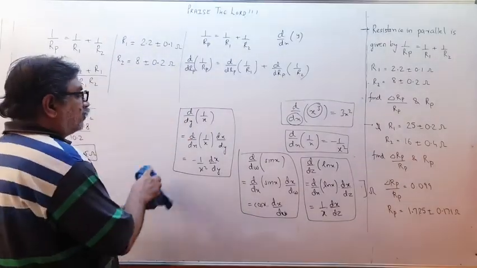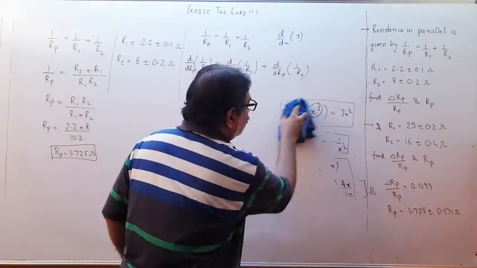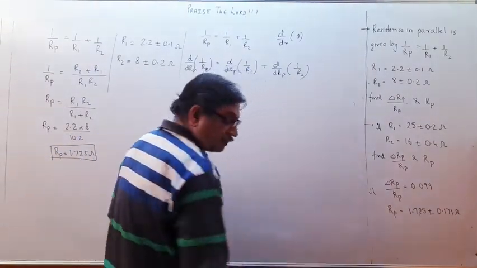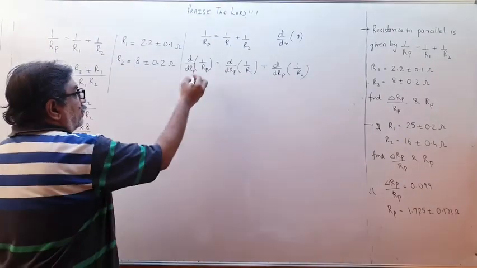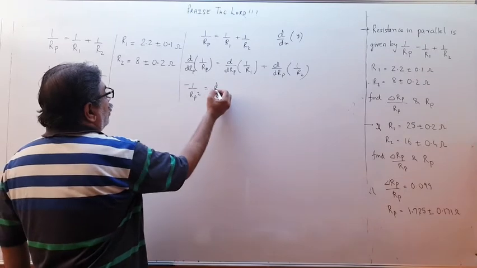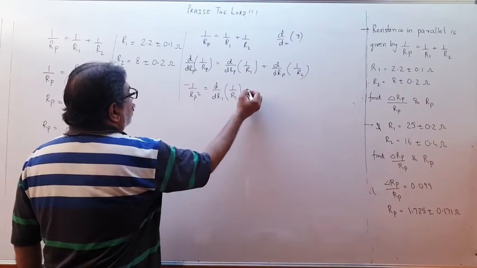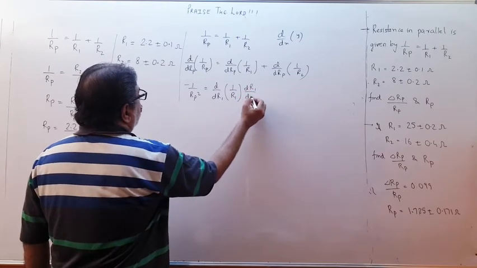Okay. So if you have understood this thing, then we proceed over here. This will become minus 1 upon rp square. This will become d by dr1 of 1 upon r1 into dr1 upon drp.